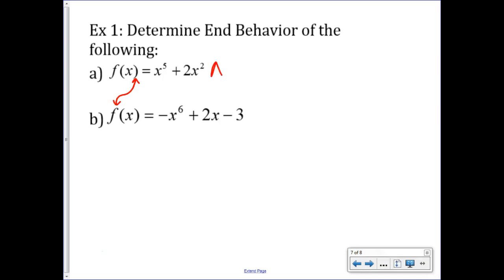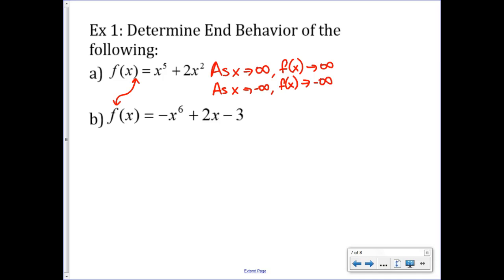So we're going to say as x approaches infinity, as it's going all the way to the right, it's going all the way up. F of x approaches infinity. As x approaches negative infinity, as it's going all the way to the left, f of x is going all the way down. It's going to negative infinity.